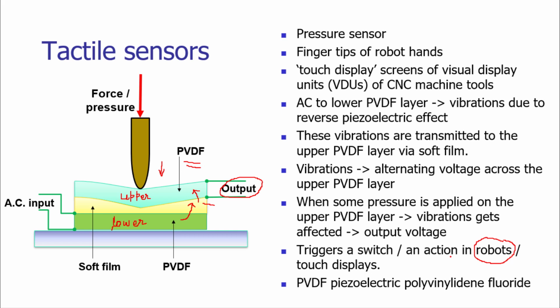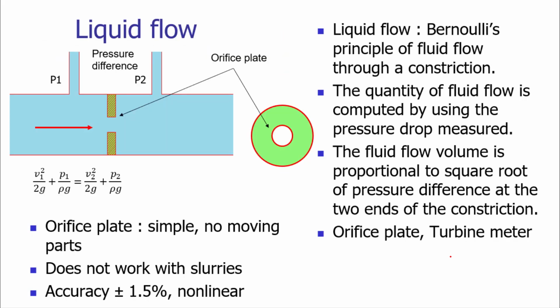In the industry, we need to measure the flow of various liquids. The liquid may be water, the liquid may be the petroleum products or chemicals, or the liquid may be having certain solid elements that we call the slurries as well. To measure the flow of the liquid, the very simple and basic sensor is the orifice sensor.